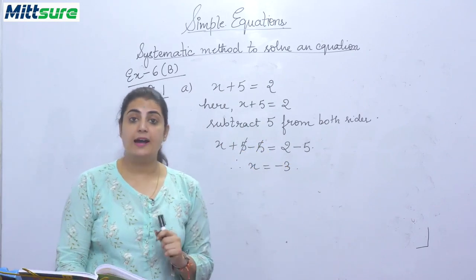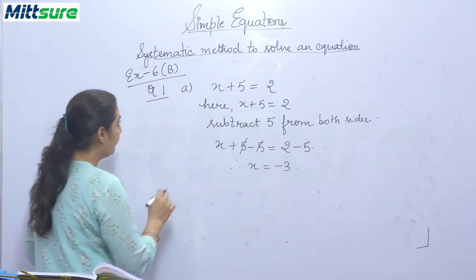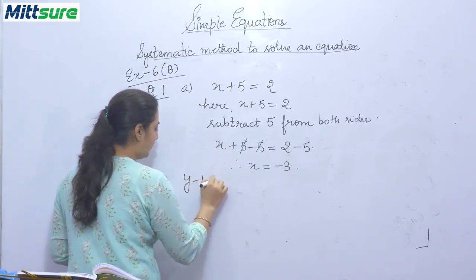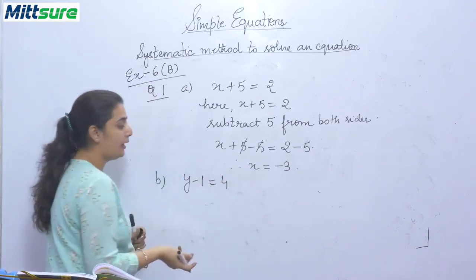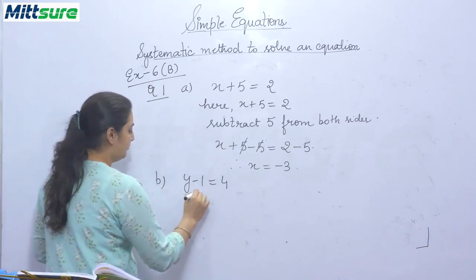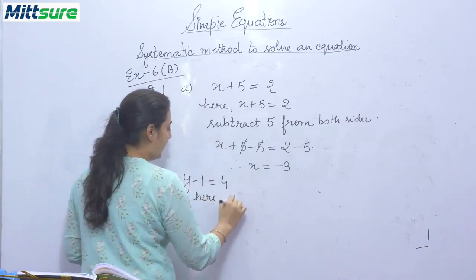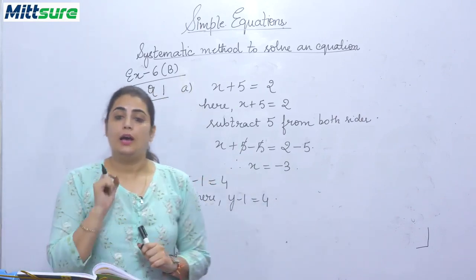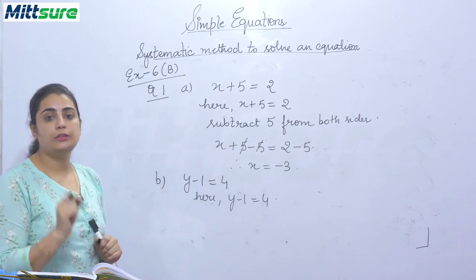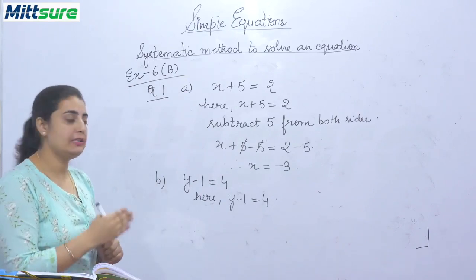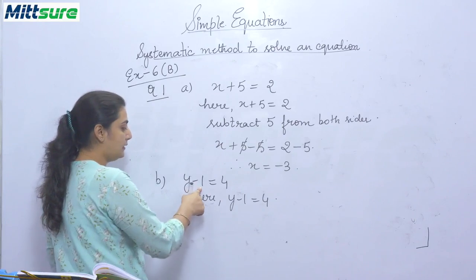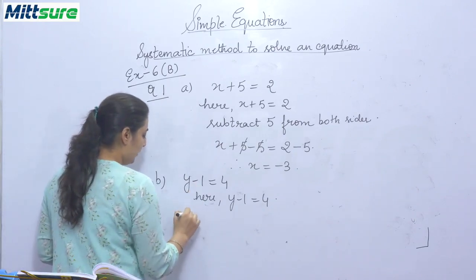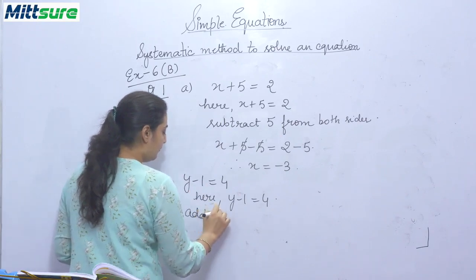Now let us see y minus 1 equals to 4. Right? B part. Y minus 1 equals to 4. Then what I will do, I will again use a particular value that will be applied to both the sides. So minus 1 is here. So I will add plus 1 to both the sides.